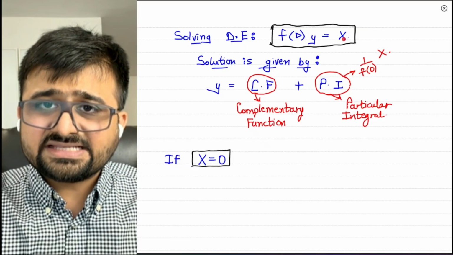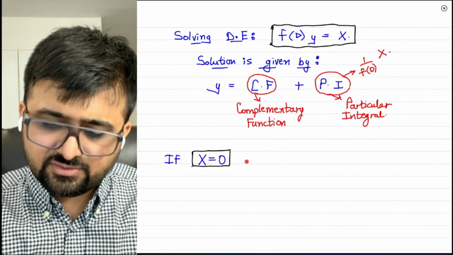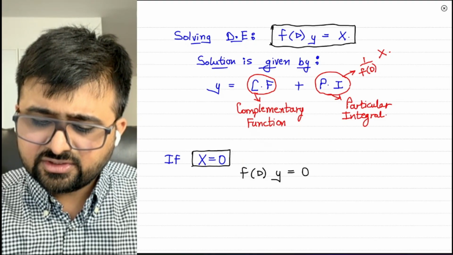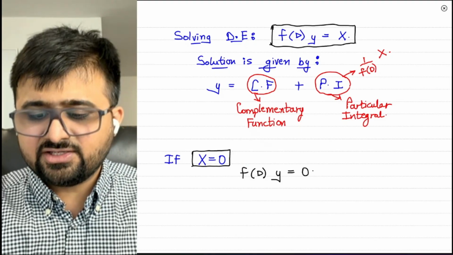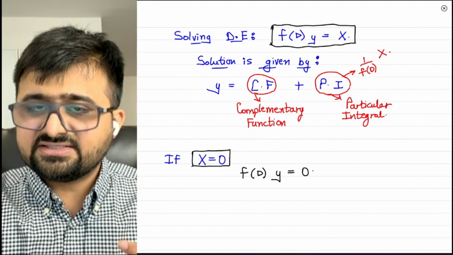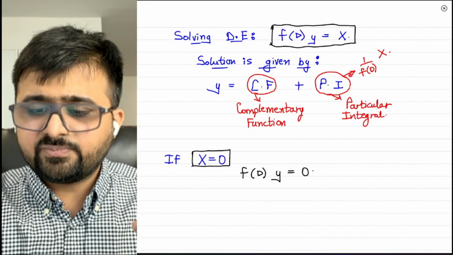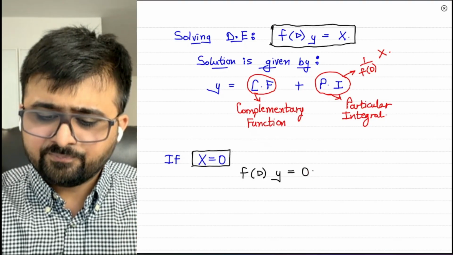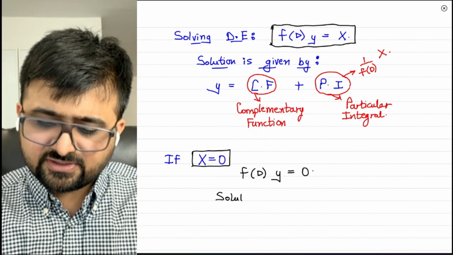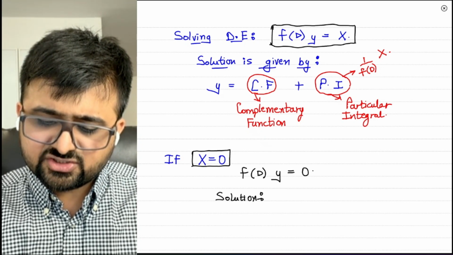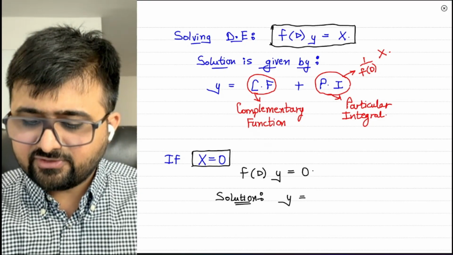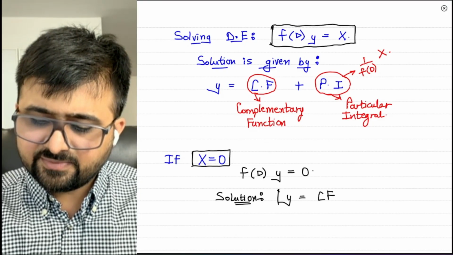When X is 0, our differential equation becomes f(D)y = 0. So on the right hand side you have 0, the function of X is 0, and that means the PI is going to become 0. If the PI becomes 0, the solution of such a differential equation is just y = complementary function.